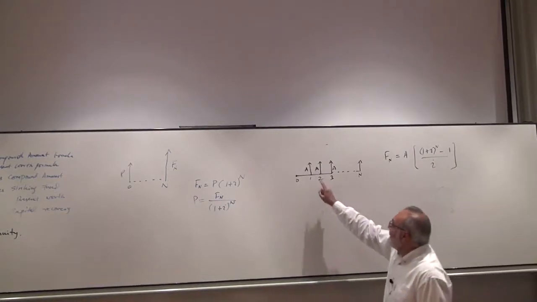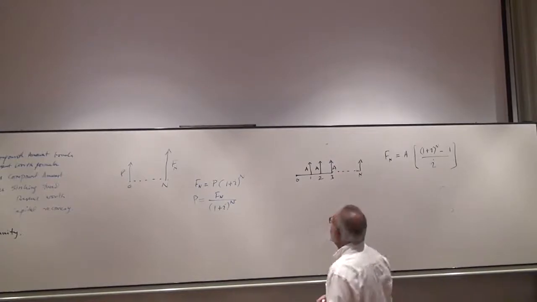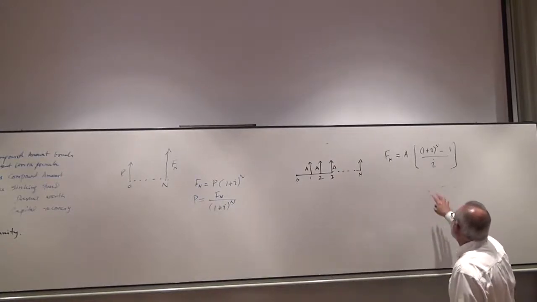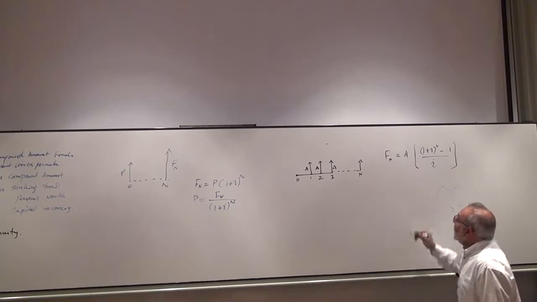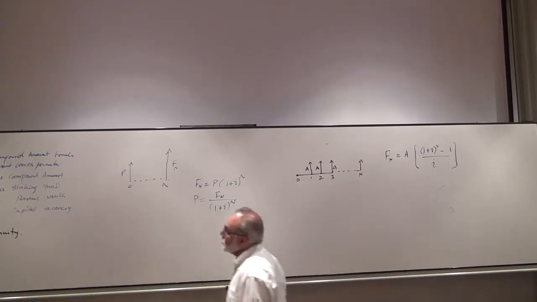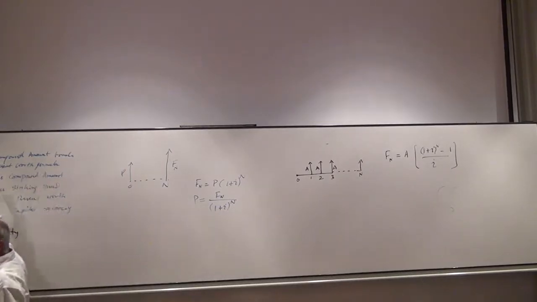As you can see, there are n number of payments, and we have this formula. This is called uniform series compound amount formula.